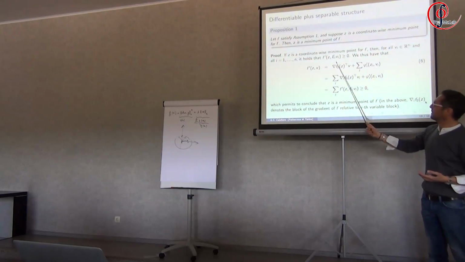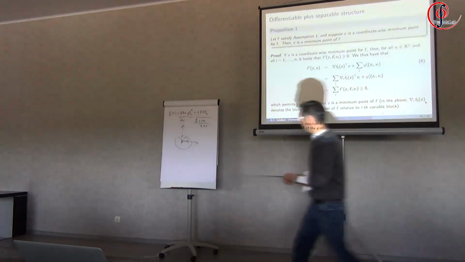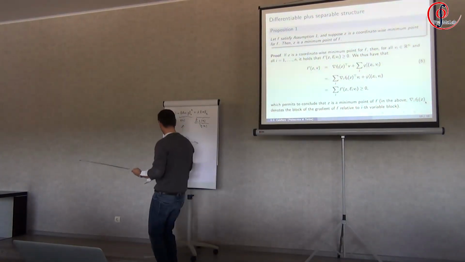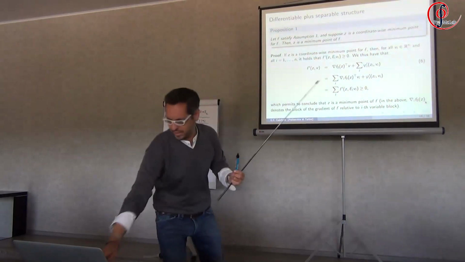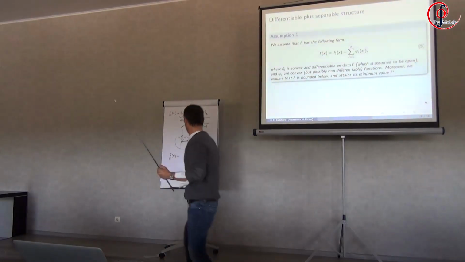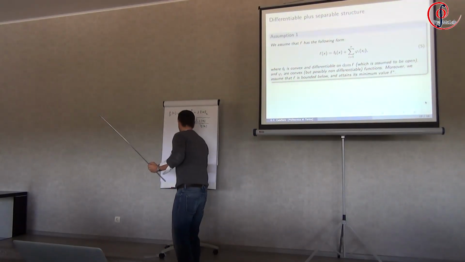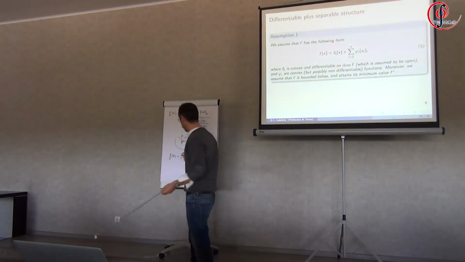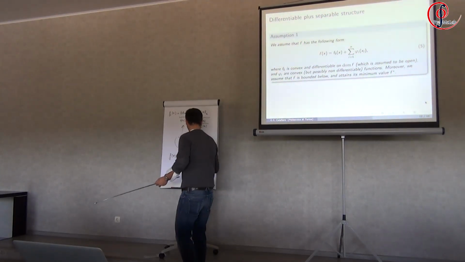Since we are taking a function which is like this, right? f of x is given by, I call it f0, which is the differentiable part, plus the summation of the possibly non-differentiable parts.